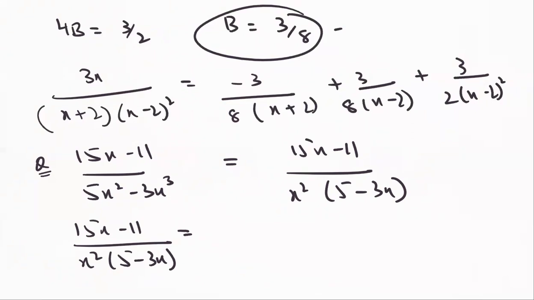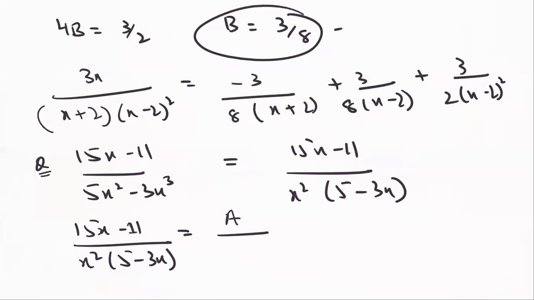It can be written as a, but there is 15x in the numerator as well, right?